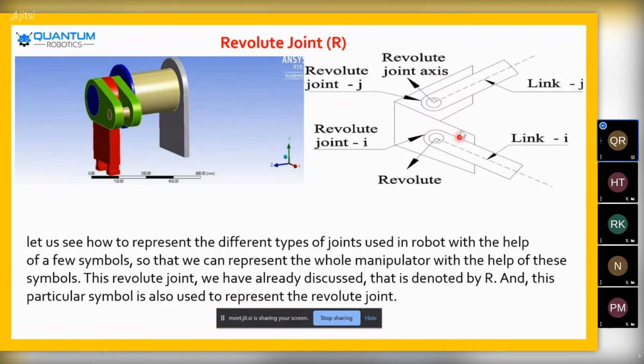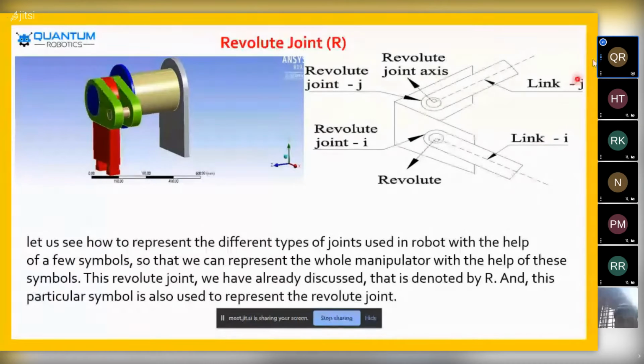A revolute joint is like a scissor: there is a fixed joint, fixed on the base, and then the two ends of the machinery make the representation in a revolute position. That revolute position is represented by two links, link i and link j, so there are two links and two joints, represented as one link i and one link j.